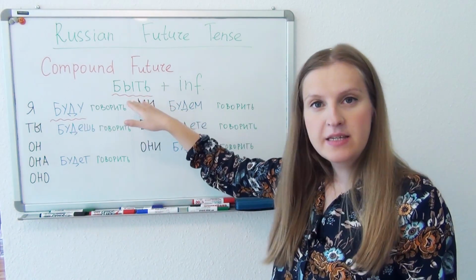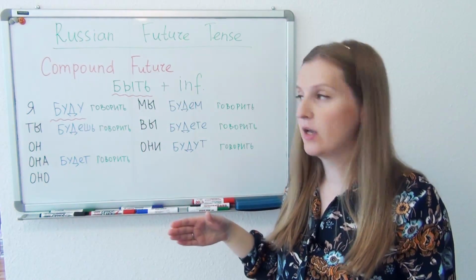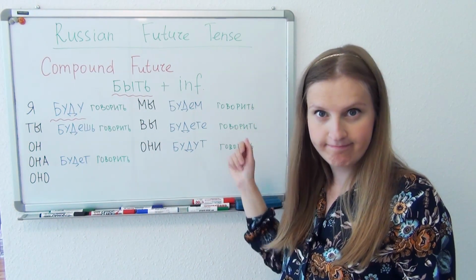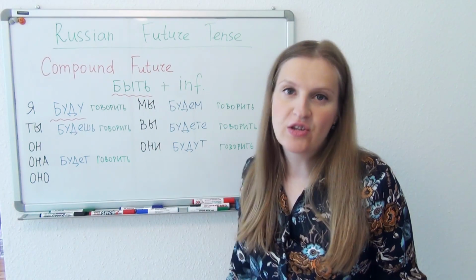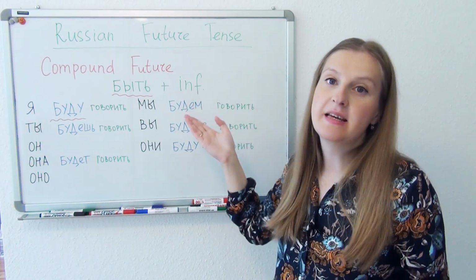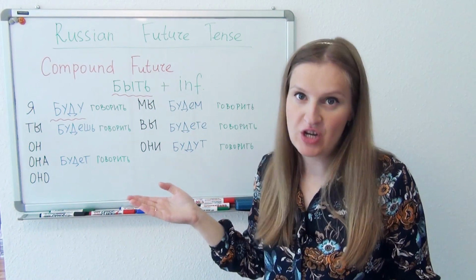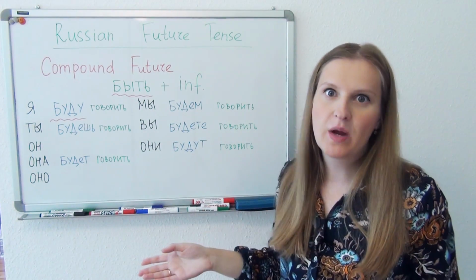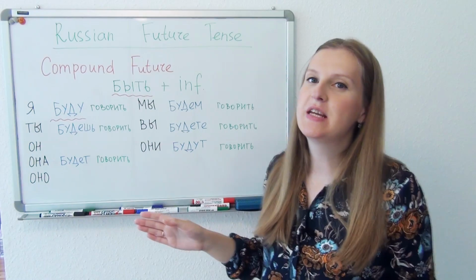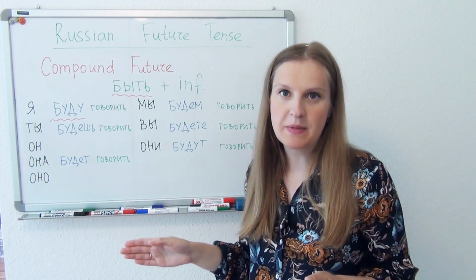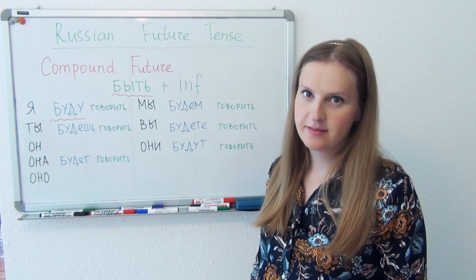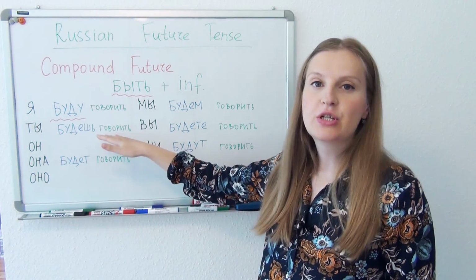Notice that быть changes its forms according to persons and numbers. So быть changes, but the full verb doesn't change. It is the same everywhere. So let's conjugate the verb говорить, to speak. Я буду говорить. Ты будешь говорить.